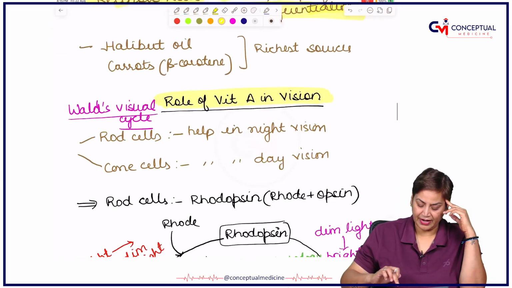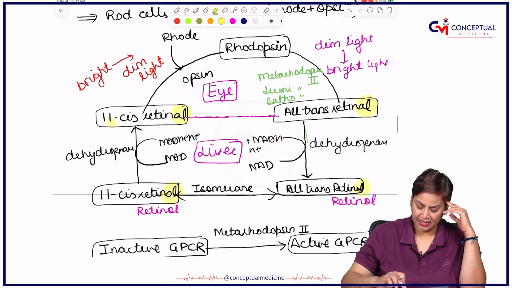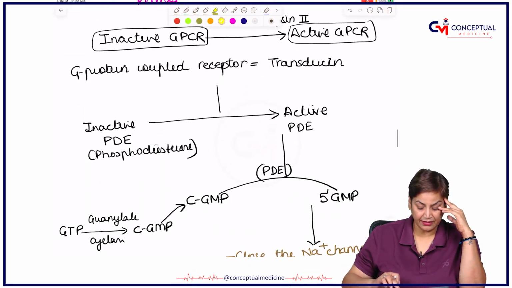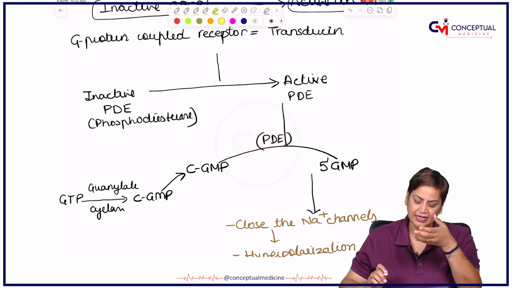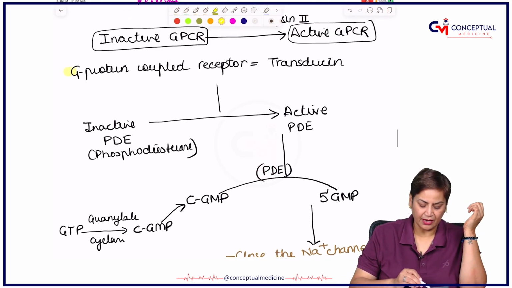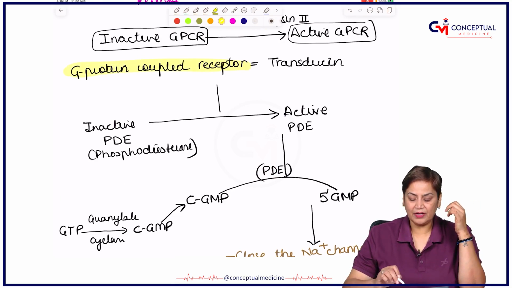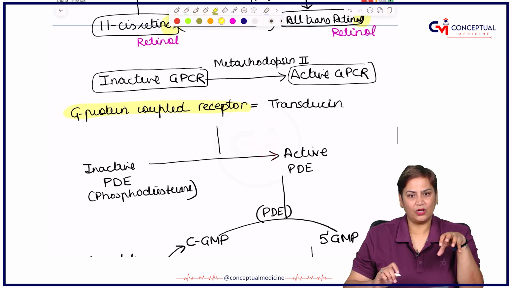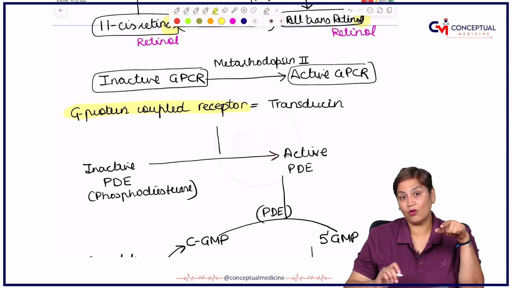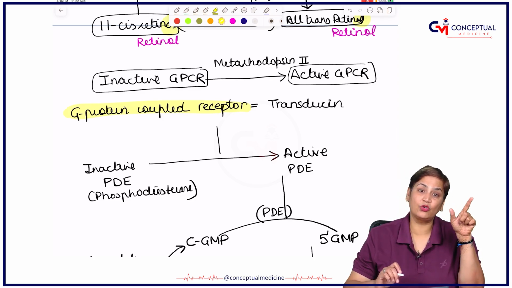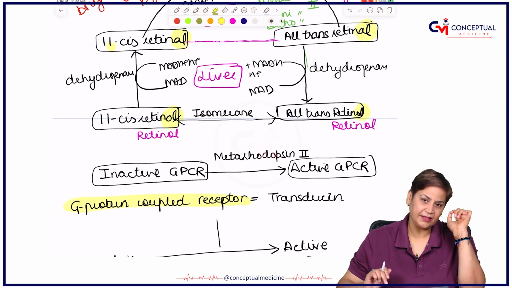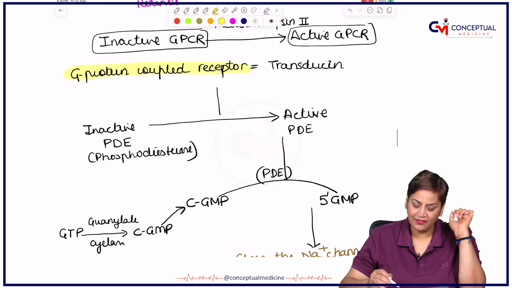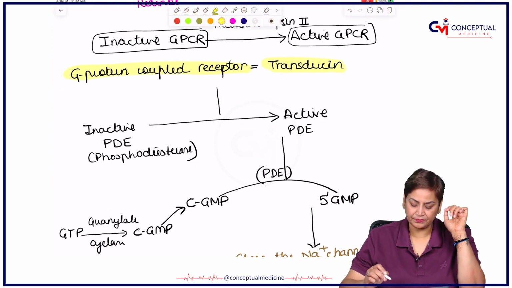Now if vitamin A is deficient, what are the deficiency manifestations, and how does it act in opening and closing of channels, that is with the help of a G protein coupled receptor. The G protein coupled receptor is made active by meta-rhodopsin. Meta-rhodopsin is the form which is produced when rhodopsin is being cleaved into all-trans retinal. So this will activate transducin.